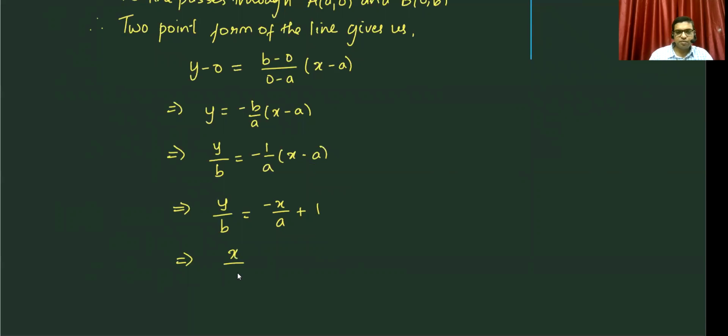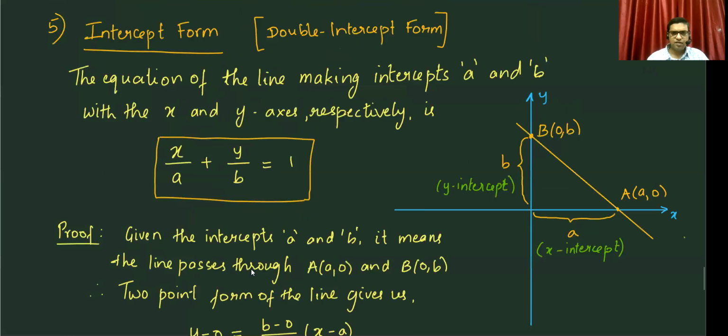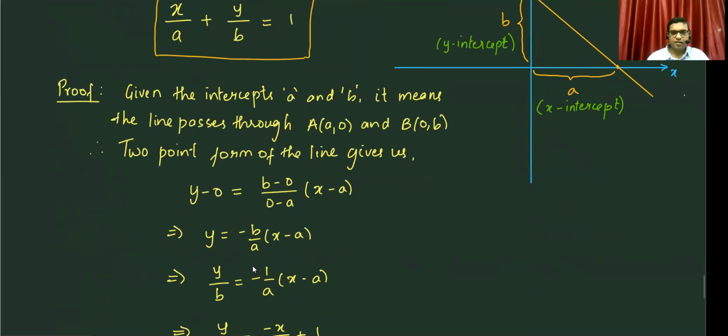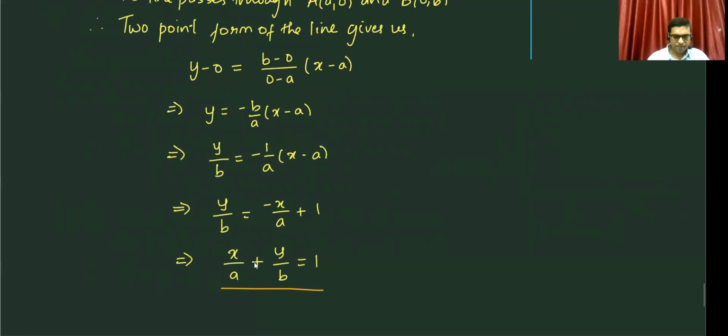Bring this term to the left side, so negative becomes positive: x by a plus y by b equal to 1. Done? Yes, sir.